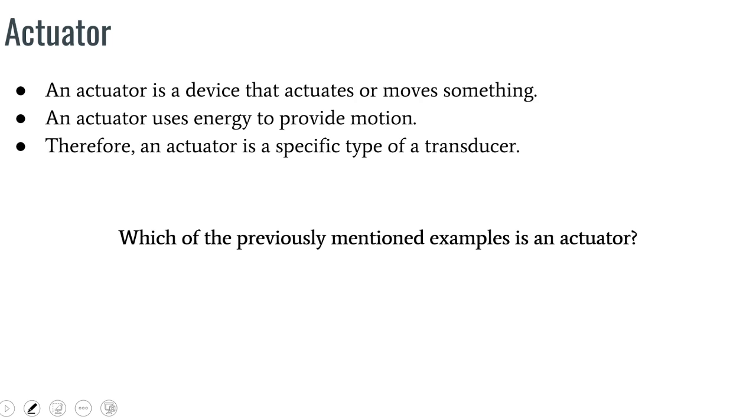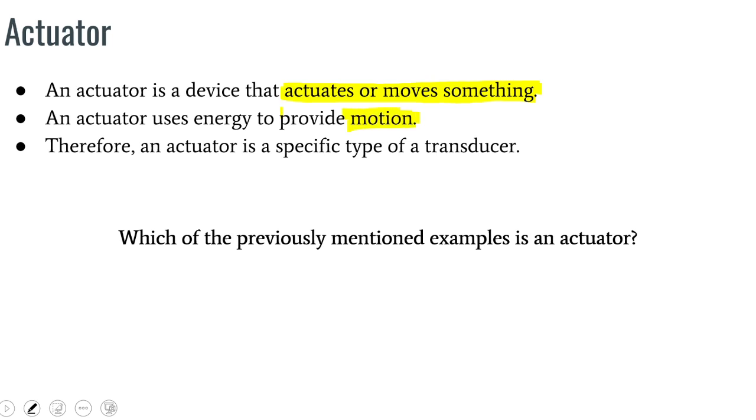Then we have another type of devices that are called actuators. So actuators are basically any device that can actuate or move something. What an actuator does is it uses energy to provide motion. So it is providing motion.